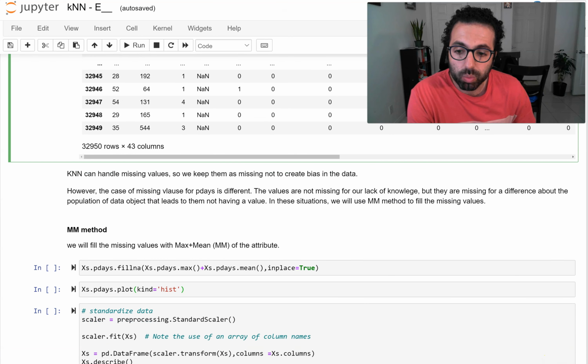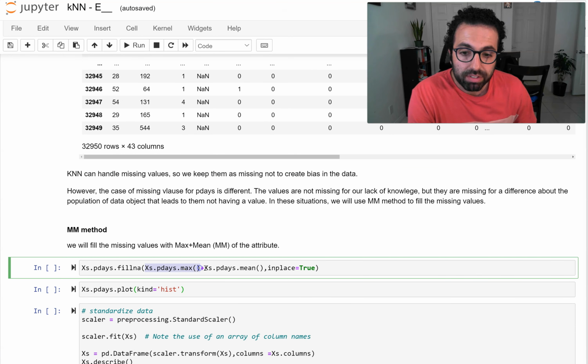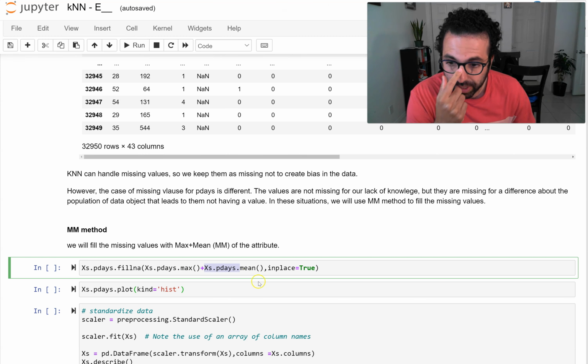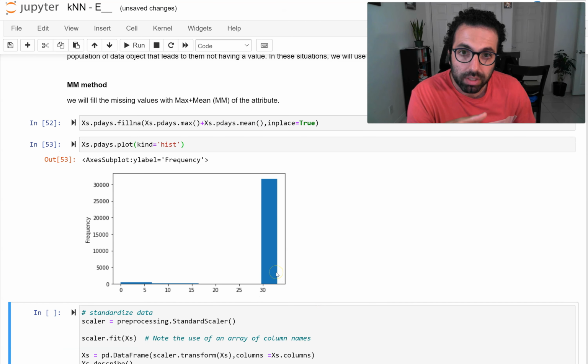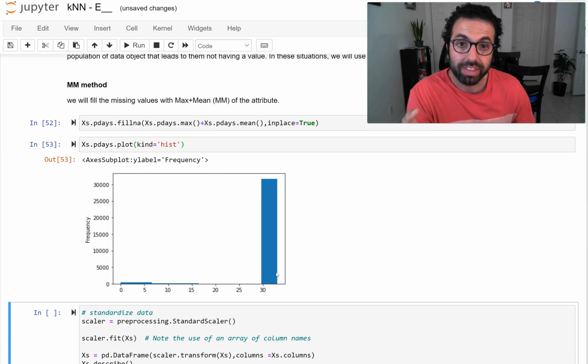Basically, in this method we fill the missing values with the maximum plus the mean of the attribute. Once we do that, we will see that the distinction is created, while not with a number such as 999 that would consume the space of distance for this attribute.